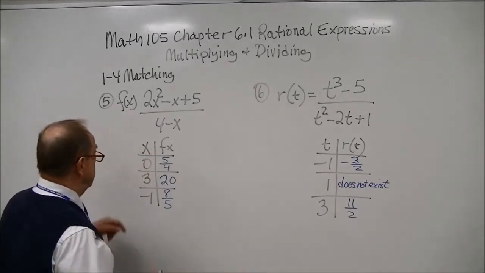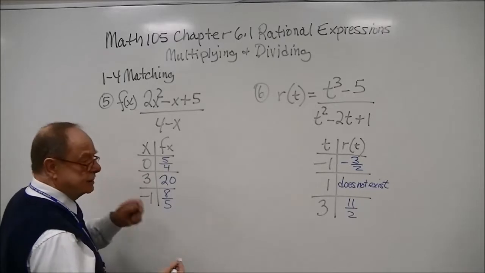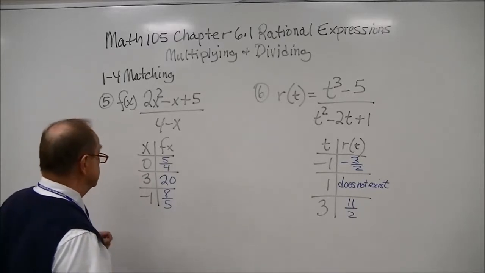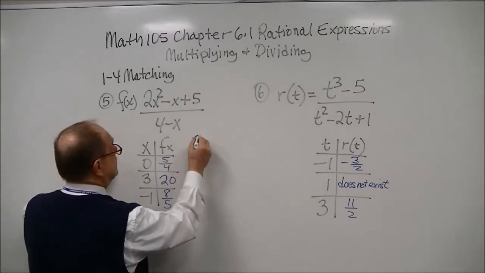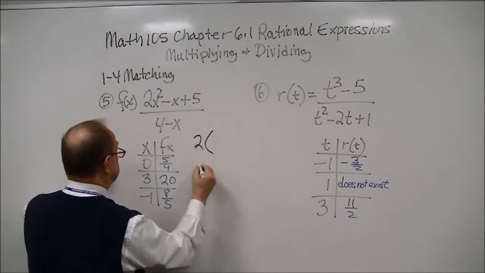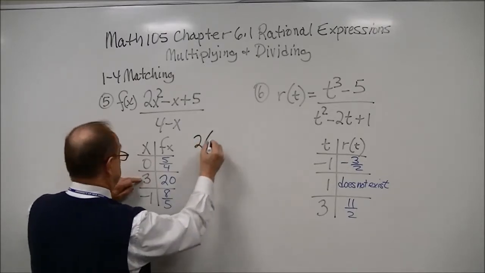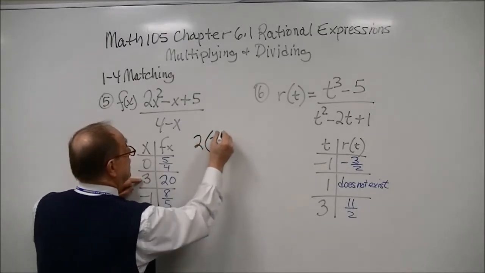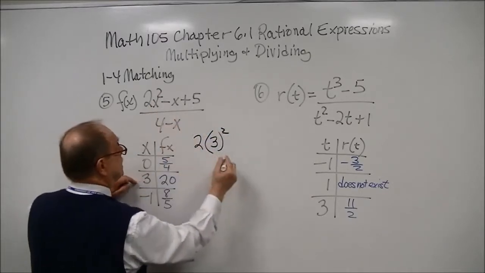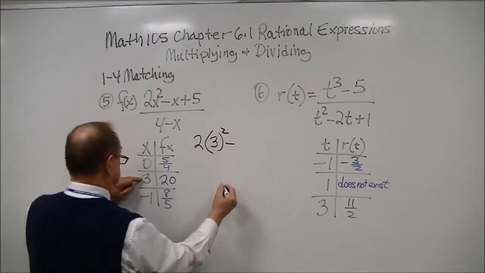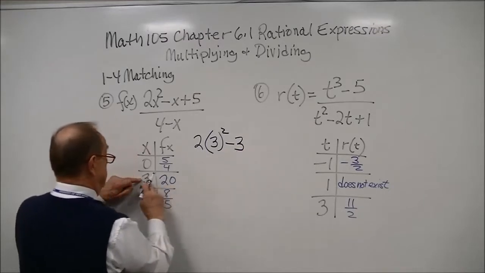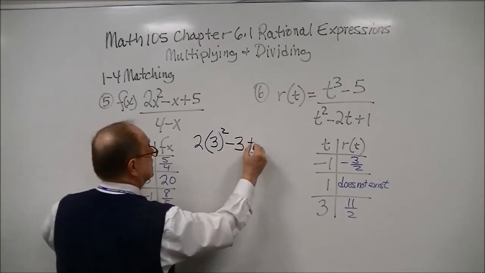Now let's put a 3 there, and this is the technique we want to stress. So you're going to put 2, then a parenthesis where the 3 would go, and we're going to square that, then a -3, that's straightforward, plus 5.